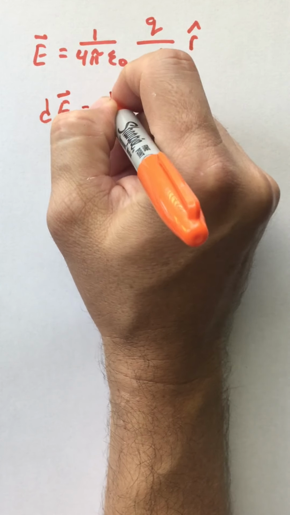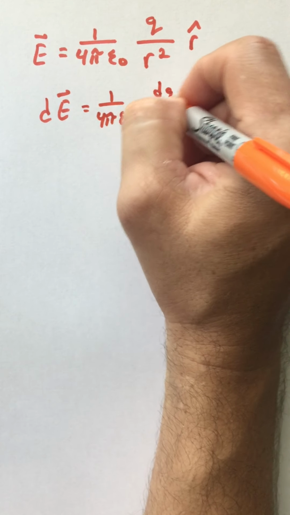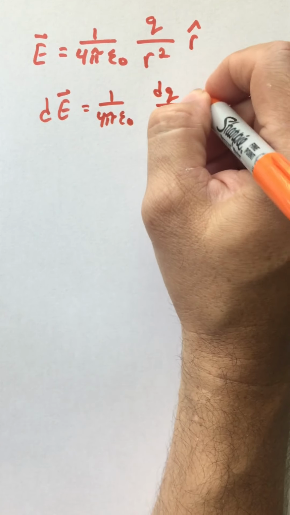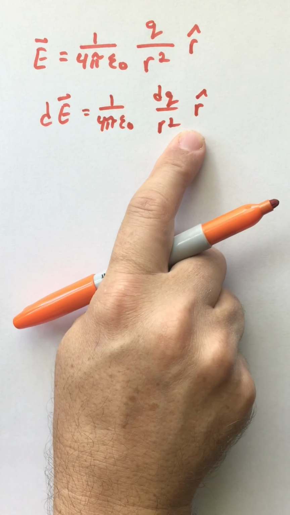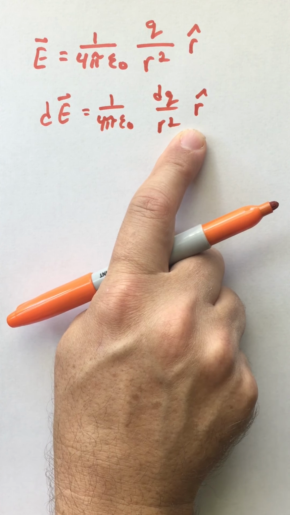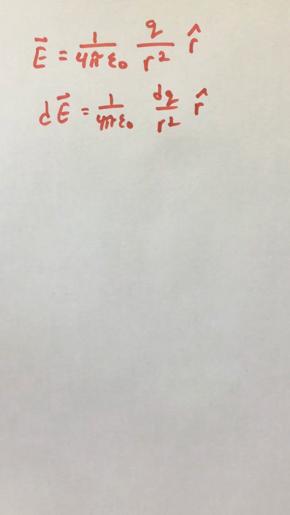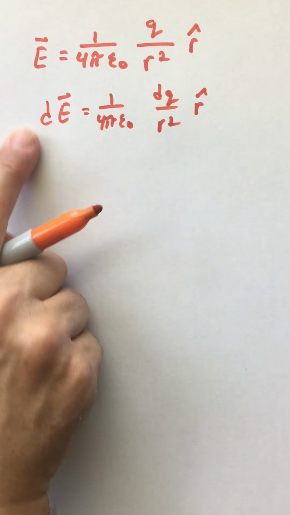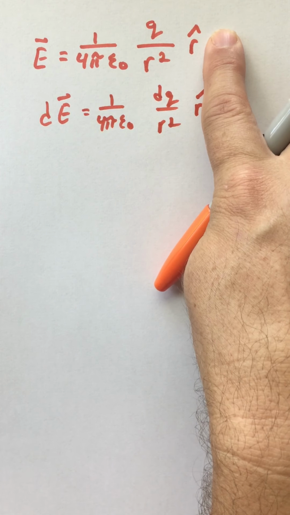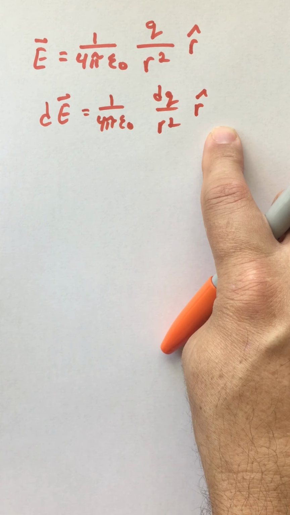But if I did that, I got 1 over 4 pi epsilon naught dq over r squared r hat. And generally I didn't deal with the vector nature of this when I was integrating. I would deal with magnitudes and then come back and put in the vector nature by inspection. So this was the general way I proceeded: the Coulomb equation here for fields and then in differential form.